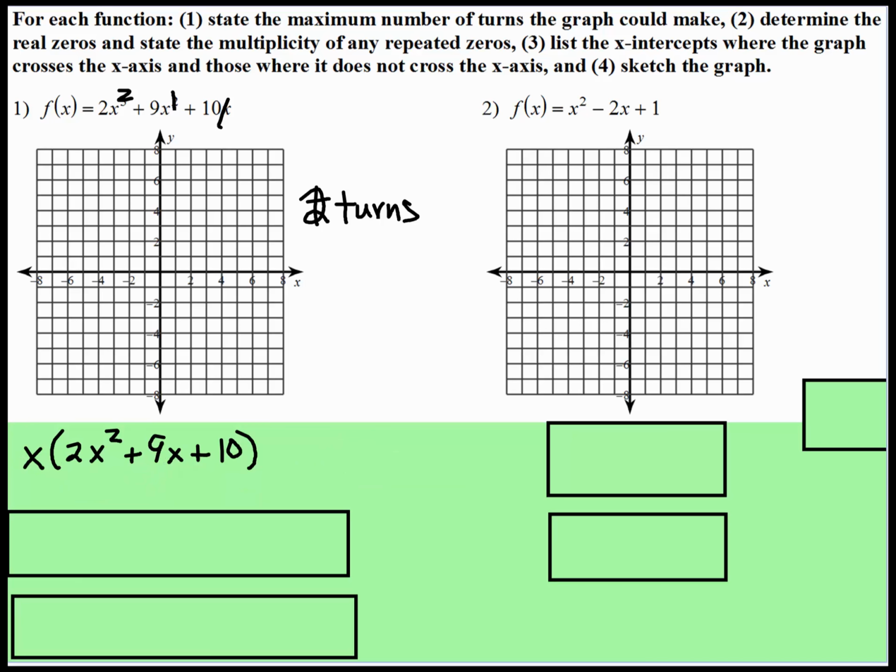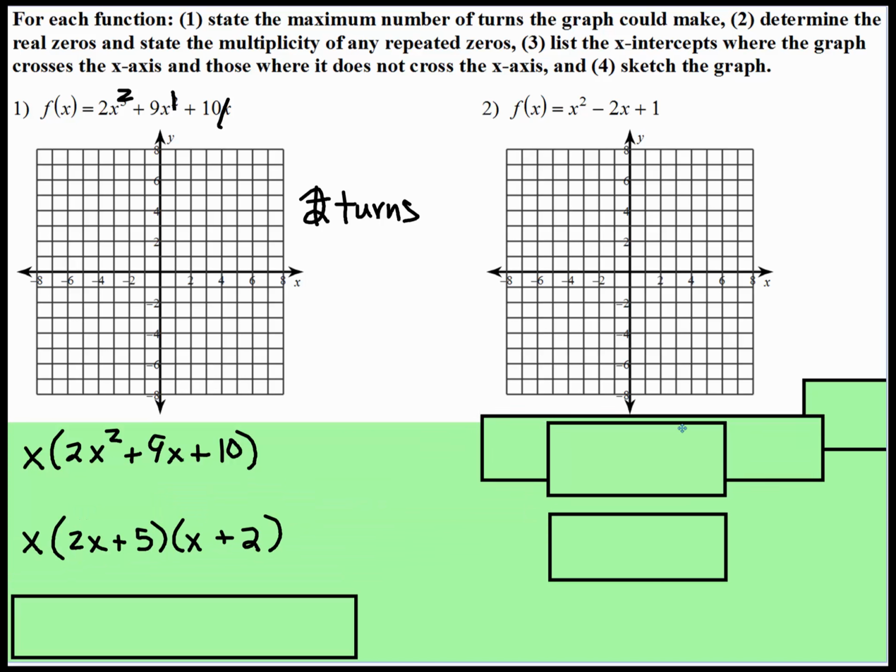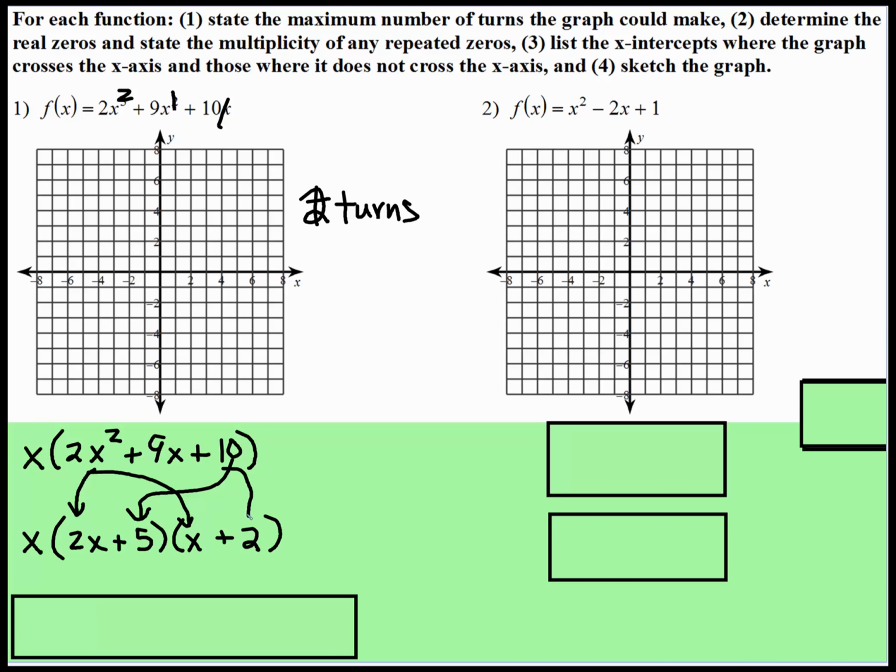All right, so let's see if I did. So look, 2x squared is 2x times x. 10 factors to 5 times 2. And then look at 2x times 2. 2x times 2 is 4x. 5 times x. So x times 5 is 5x. Those 2 add up to 9x.